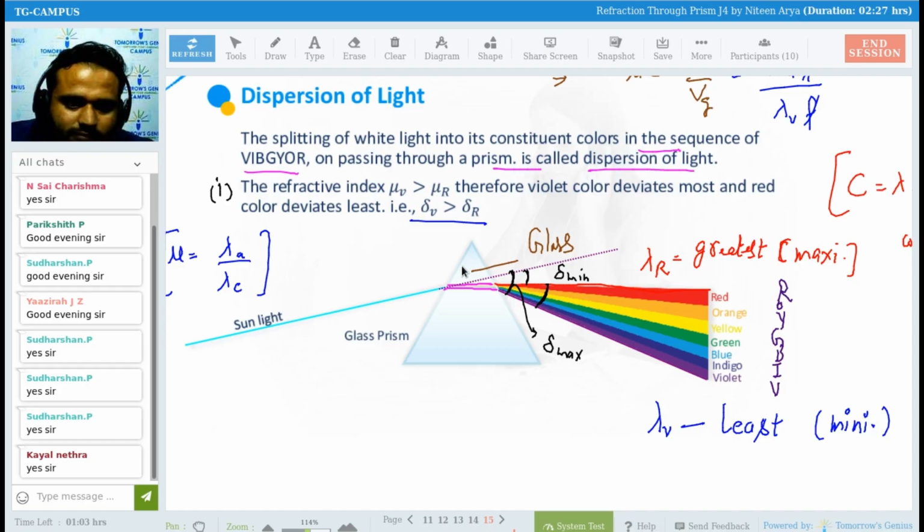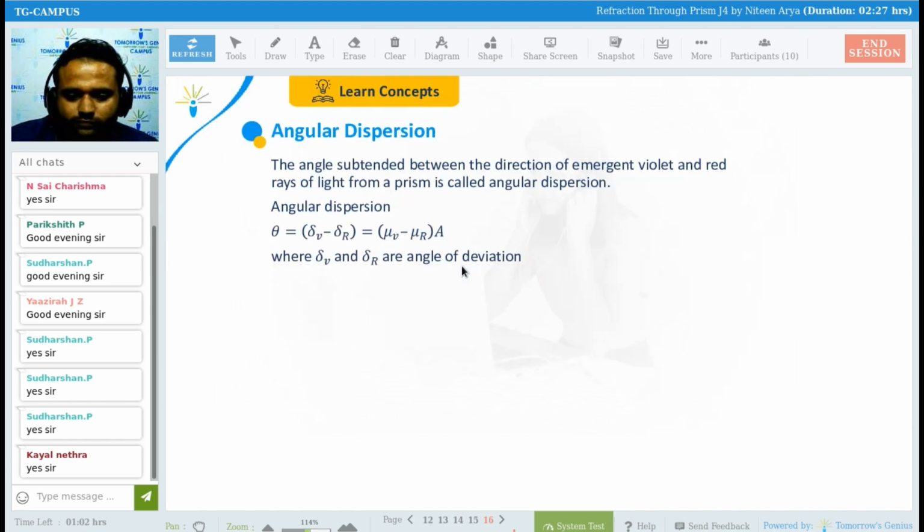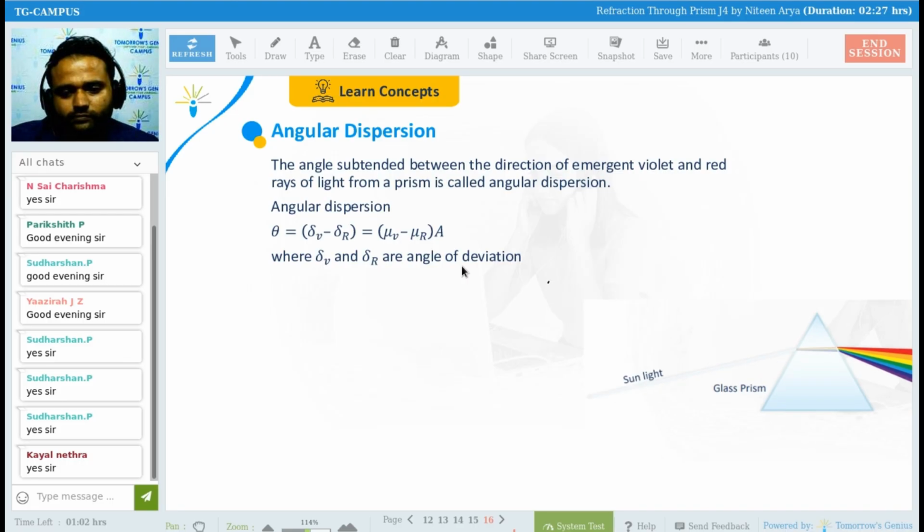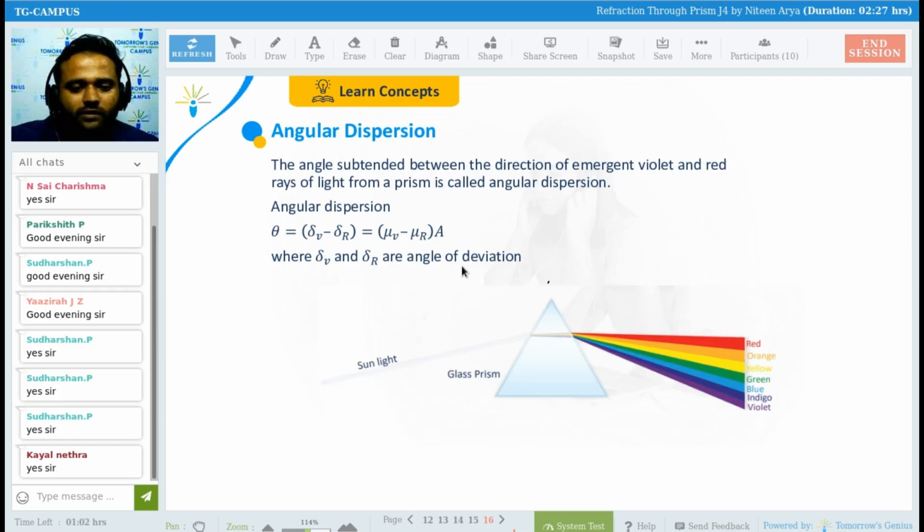Copy paste. Wait a minute, beta. Clear? More clear.